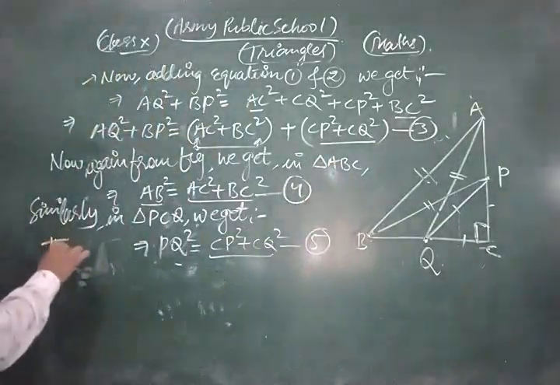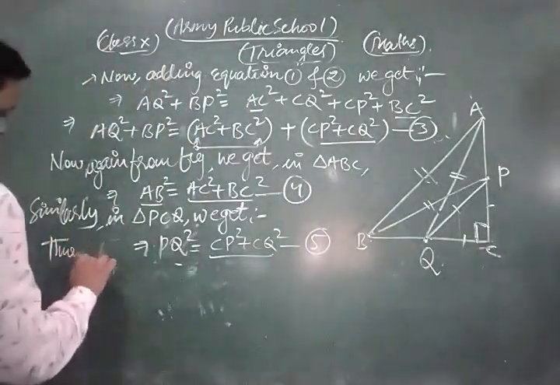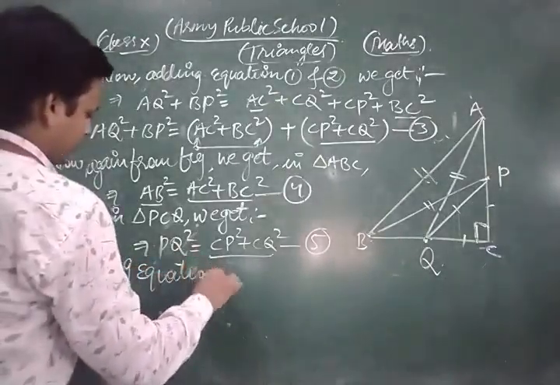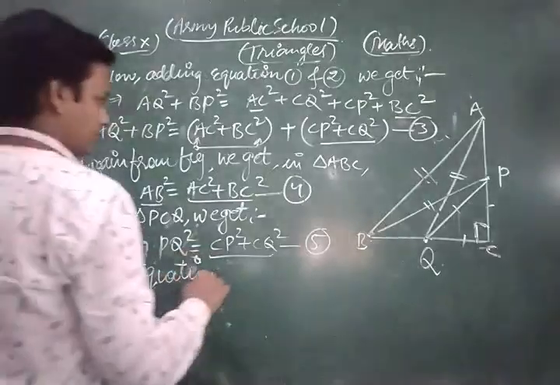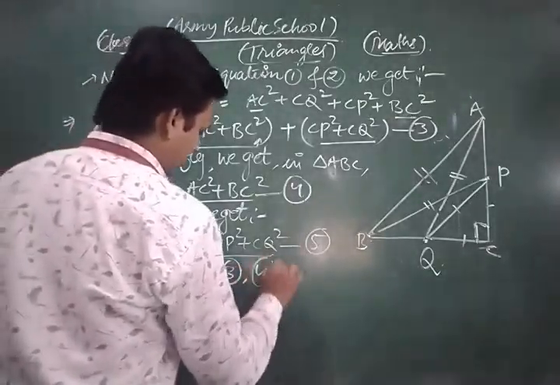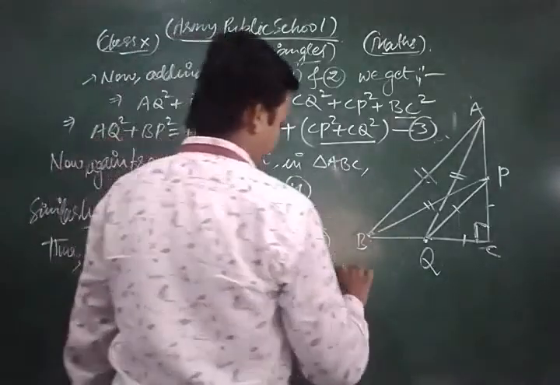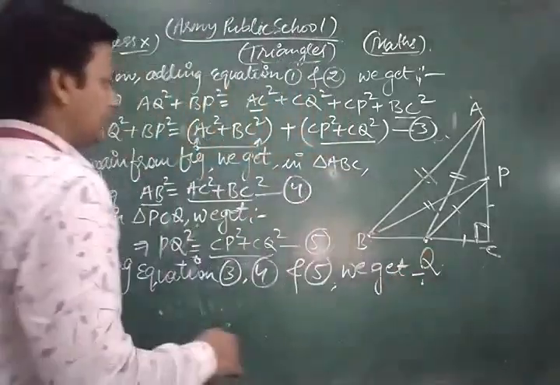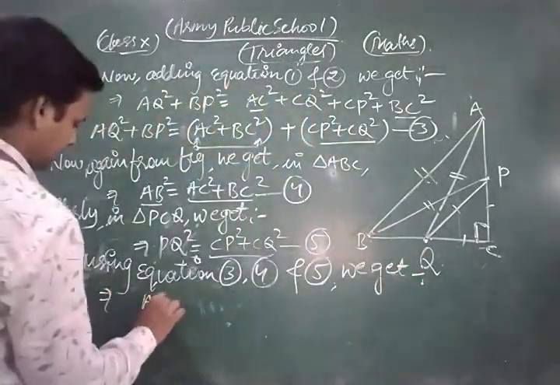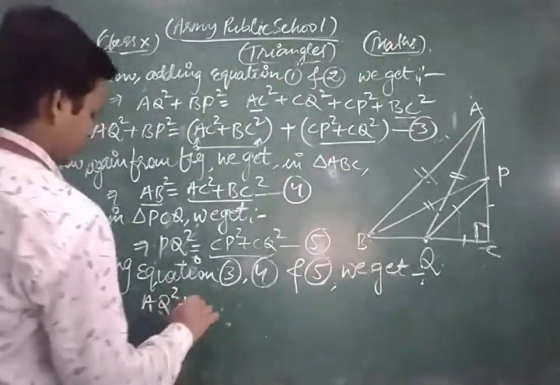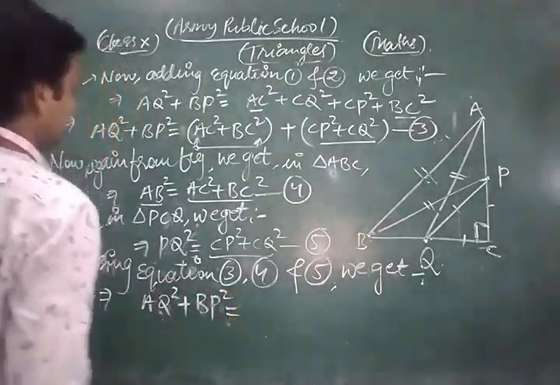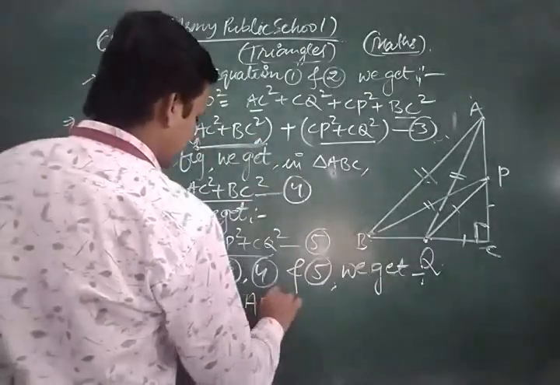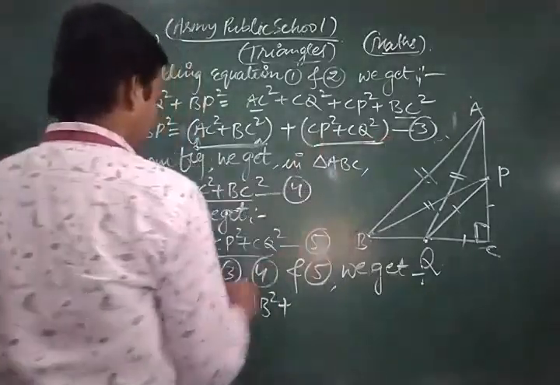Thus, using equation 3, 4 and 5, we get AQ square plus BP square is equal to AC square plus BC square, which is AB square, plus CP square plus CQ square, which is PQ square.